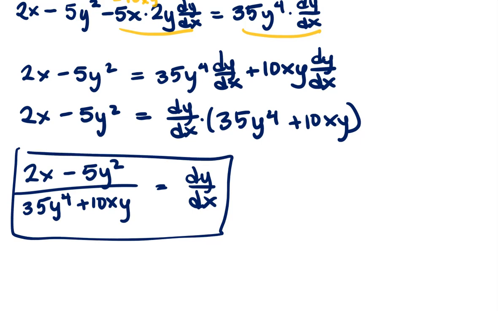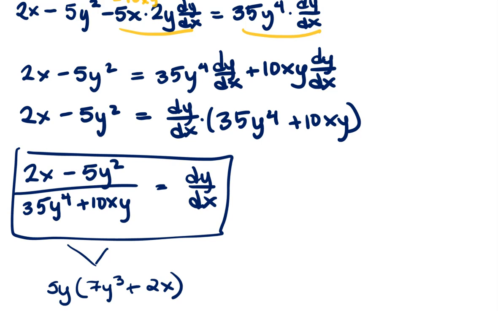One thing worth checking when you end up with fractions is, could I factor and cancel? I do notice in the bottom, I could even factor out a 5y, and I'd be left with 7y cubed plus 2x. But I can't factor any y's or 5's out of the top, so I can't cancel anyway. So it's worth looking at that, but if you can't cancel, you don't have to write it in factored form. It really is just fine.